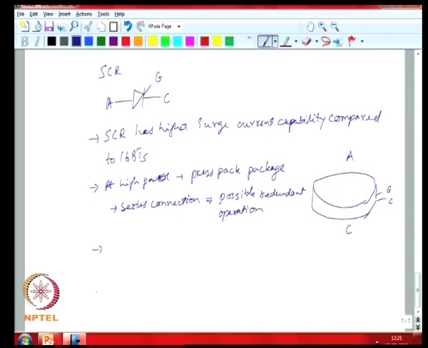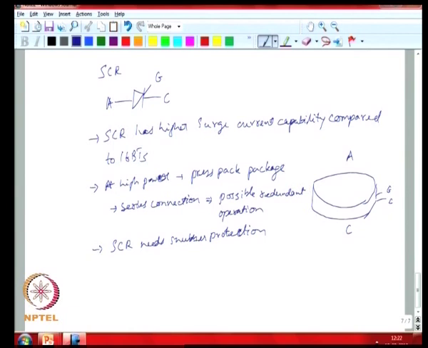One disadvantage of the SCR compared to something like the modern day IGBT is that SCRs need snubbers for protection. So, you have dv/dt snubbers to prevent spurious triggering, spurious turn on.